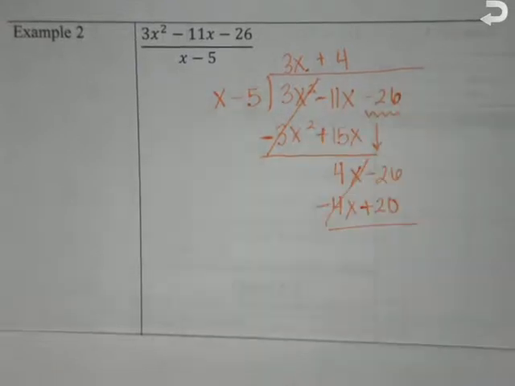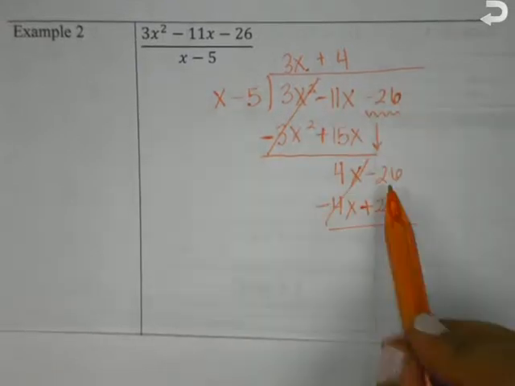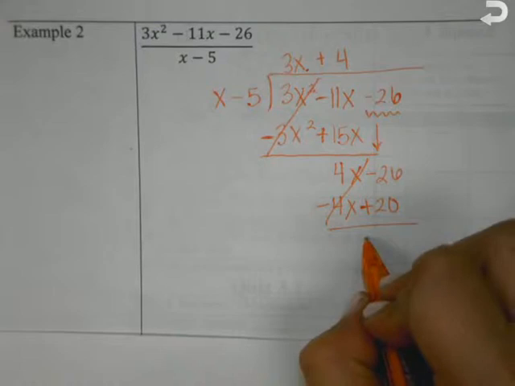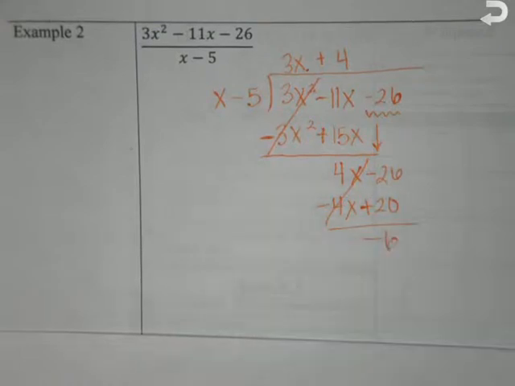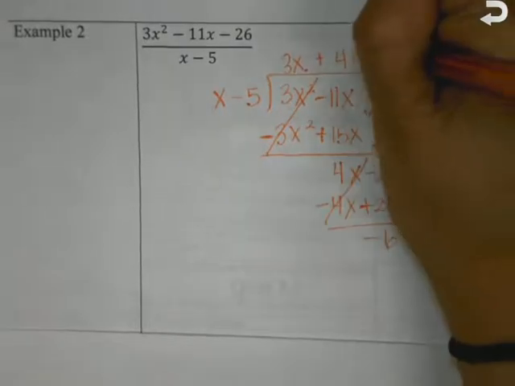Is there anything else for me to bring down? Nope. So we write minus 6 over x minus 5. So our answer is 3x plus 4 minus 6 over x minus 5.